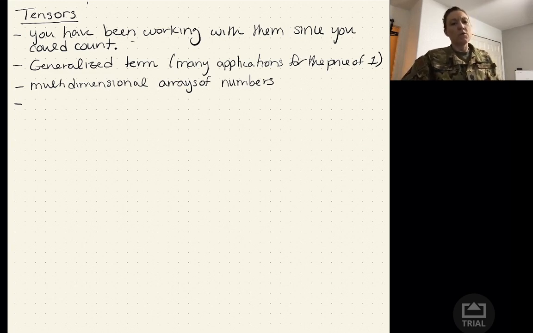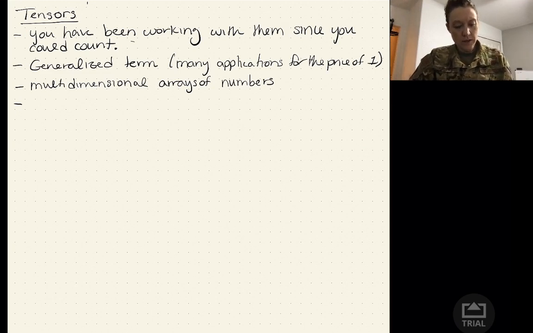So what is a tensor then? One definition I found is that it's a multi-dimensional array of numbers, and I found that definition very dissatisfying. So the definition that I would like to go with is a little bit more in depth, but I think it is more intuitive.